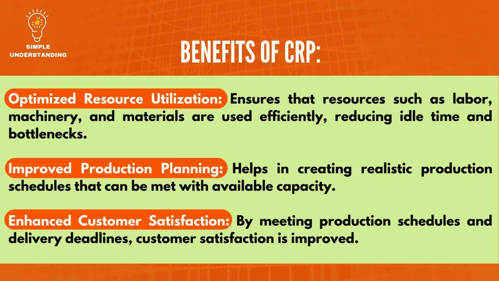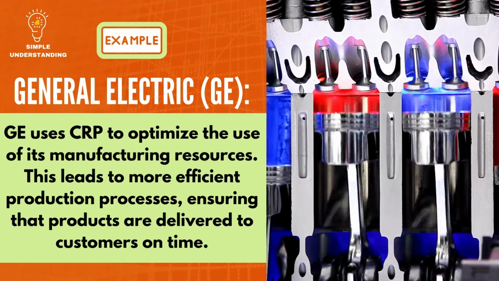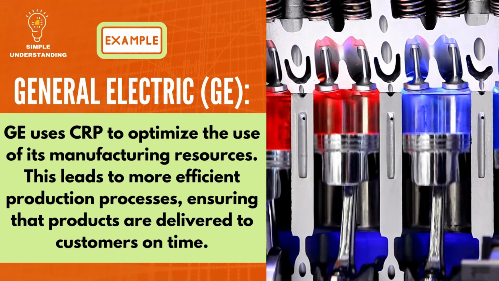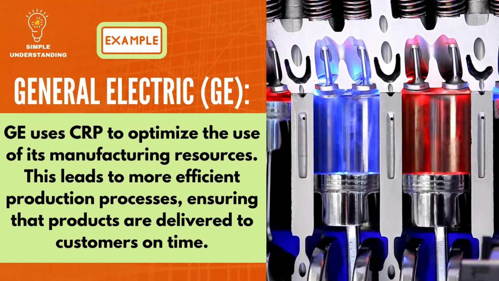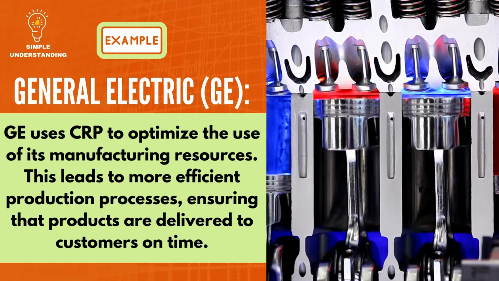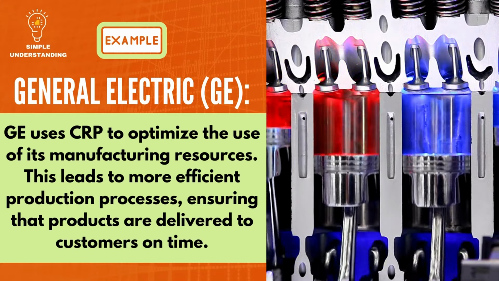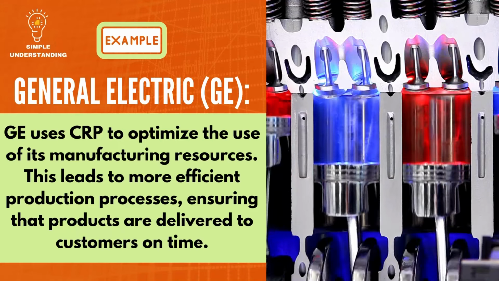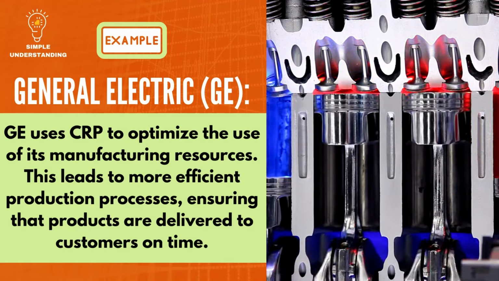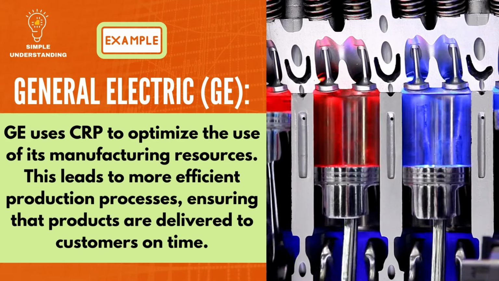By meeting production schedules and delivery deadlines, customer satisfaction is improved. Example: General Electric, GE. GE uses CRP to optimize the use of its manufacturing resources. This leads to more efficient production processes, ensuring that products are delivered to customers on time.